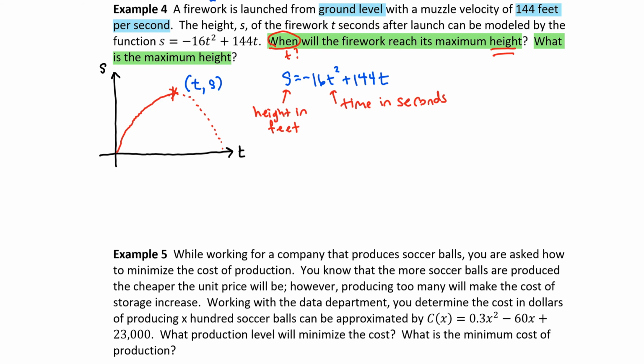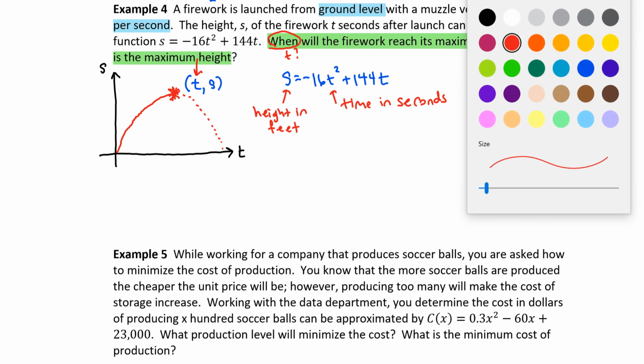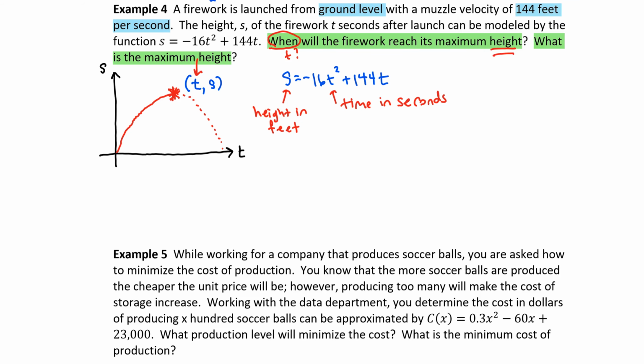Well, we know it reaches its maximum height at the vertex. So to answer the question when, I need to find the first component of our vertex. Let's answer that question first. So we're going to evaluate t equals negative b over 2a. In this case, b is 144. a is negative 16, so we need to evaluate, canceling the negatives, 144 divided by 32.